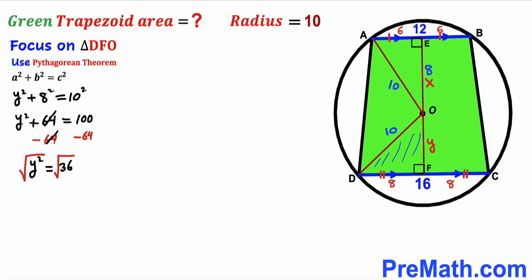Taking the square root on both sides, our y value turns out to be positive 6 units.